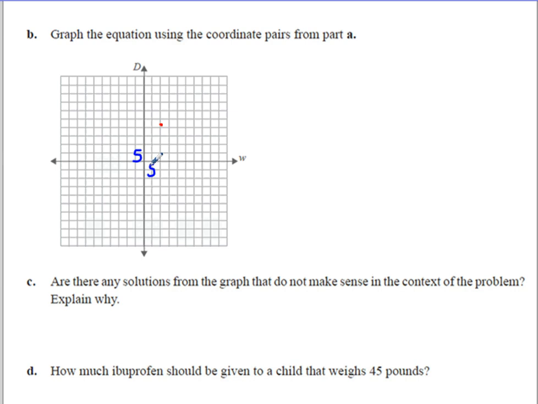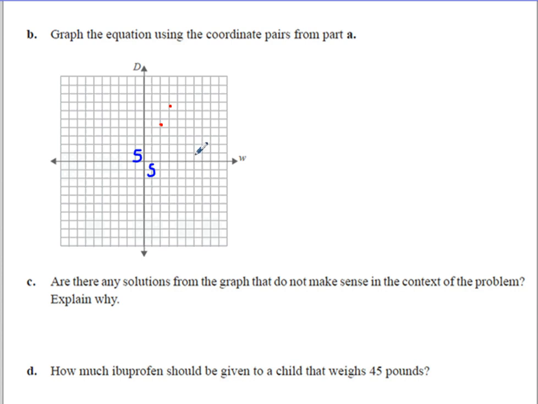For 15 pounds, we're up to 33 milligrams, so 5, 10, 15, 20, 25, 30. 33 is a little bit higher than half. And then for 30 pounds, we're up to 66 milligrams.